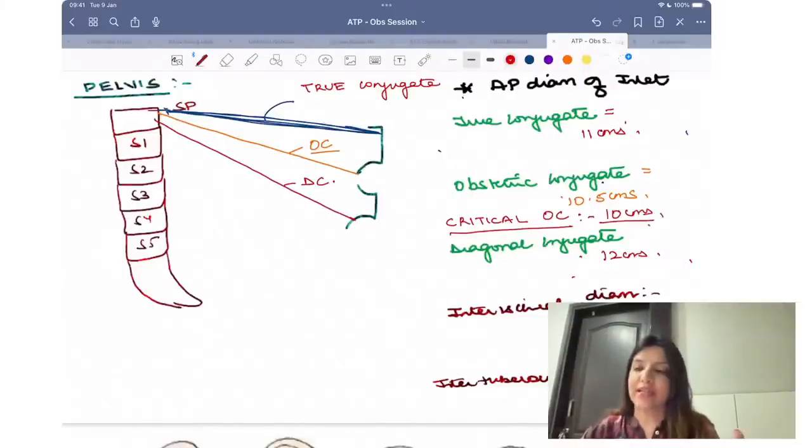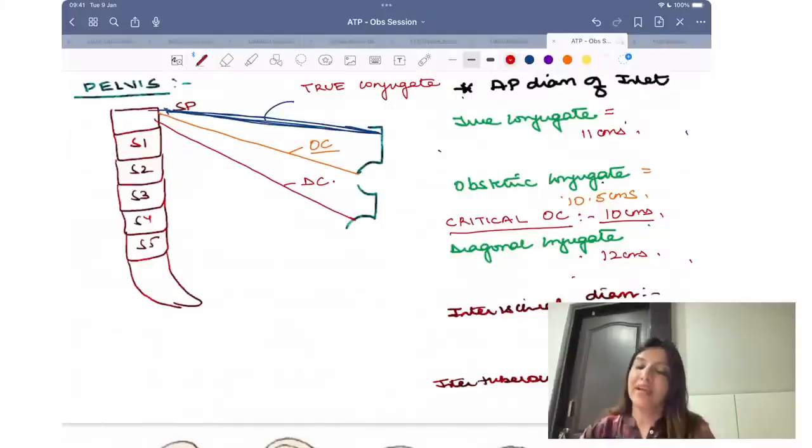If obstetrical conjugate becomes less than 10 centimeters, Dr. AM was wrong, then it is called critical obstetrical conjugate, and vaginal delivery is not possible and you have to do a cesarean section. The pelvis will be called a contracted pelvis. I don't know how you are all answering 8 centimeters. The answer is 10 centimeters. The 8 centimeters answer is a different answer.